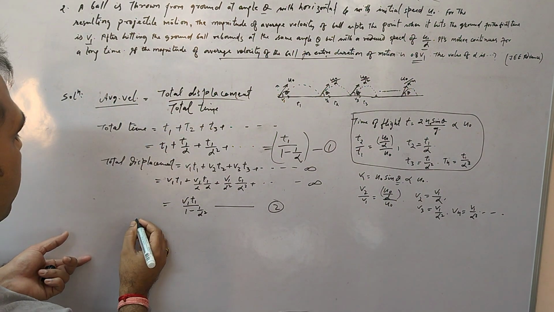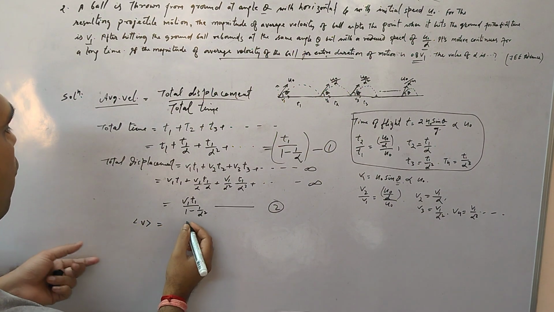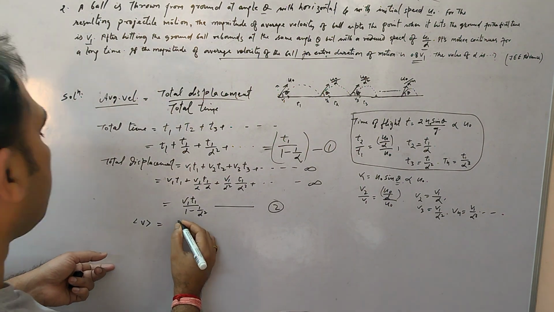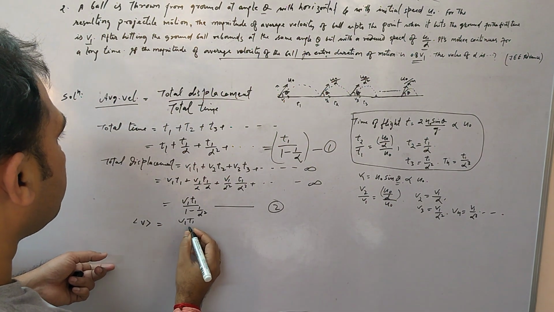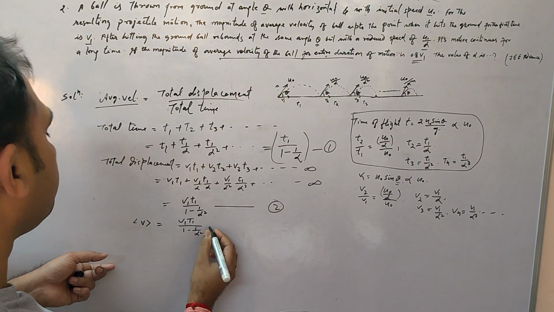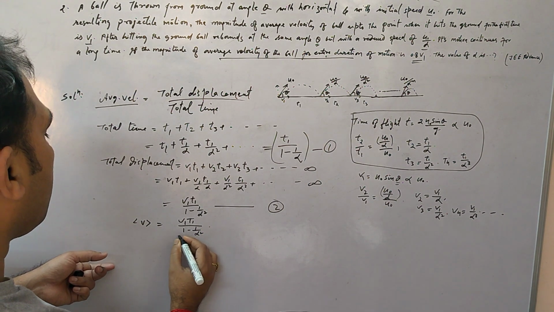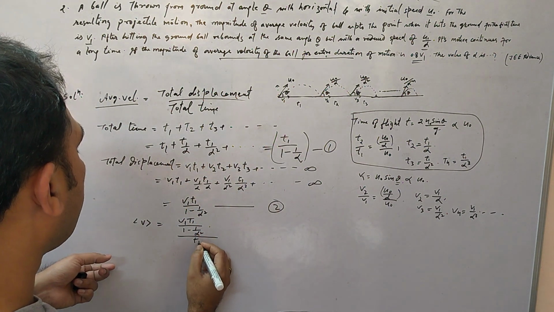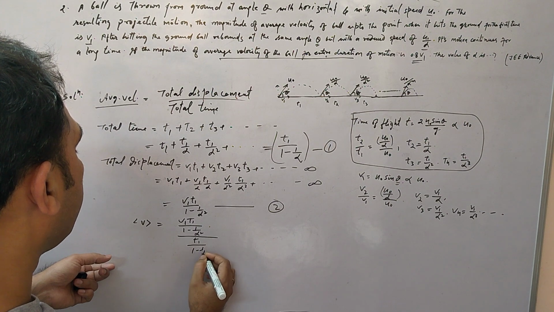Now the average velocity V will be equal to total displacement, V1 T1 upon 1 minus 1 upon alpha square, upon total time, which is T1 upon 1 minus 1 by alpha.